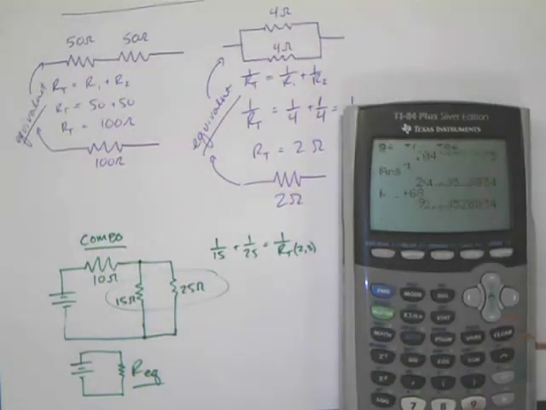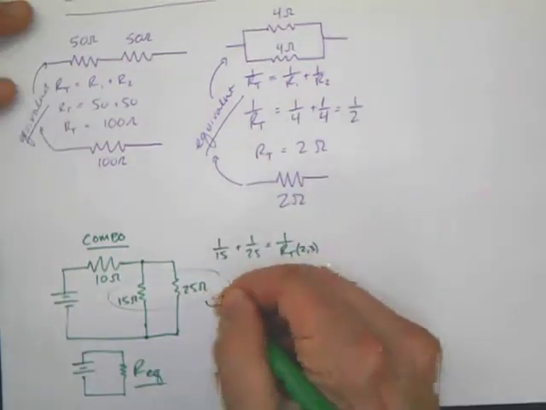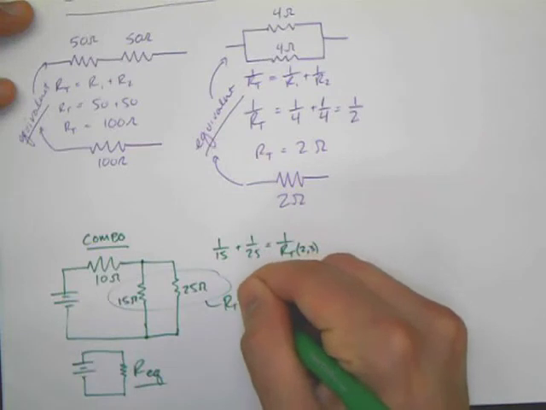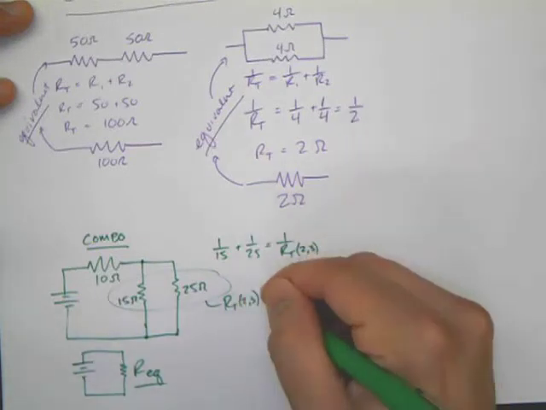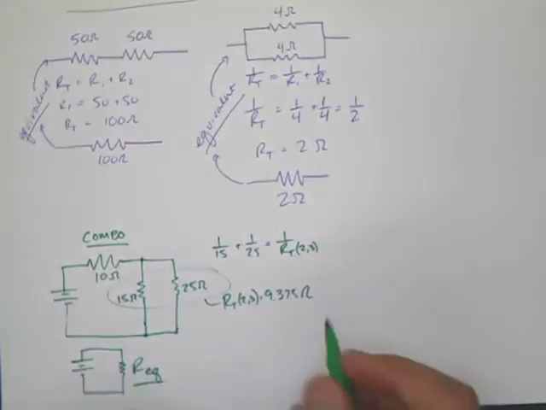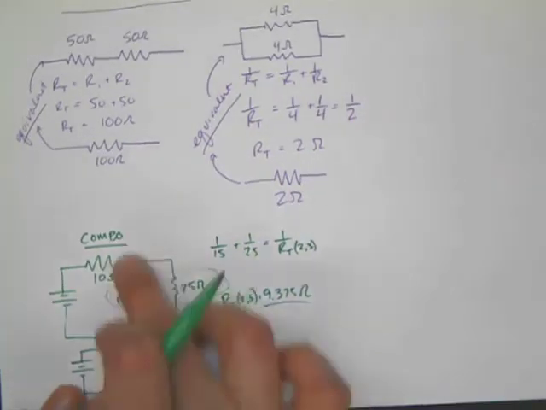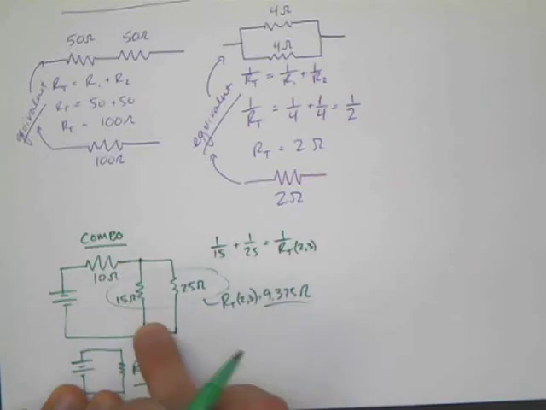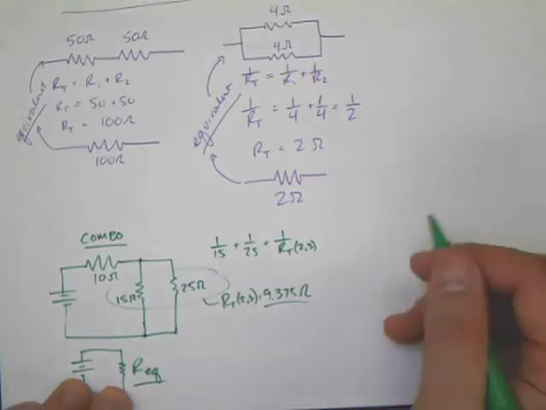So 1 divided by 15 plus 1 divided by 25, and I take the inverse of that, gives me 9.375. So the total resistance of these two in parallel with one another is 9.375 ohms. Okay? So now I can replace these two in parallel connections with one single 9.375 ohm connection.